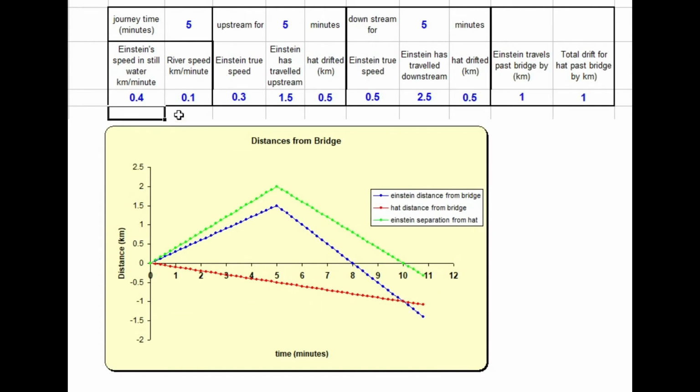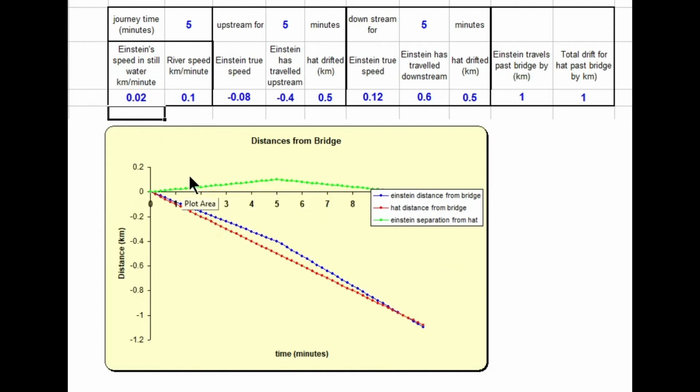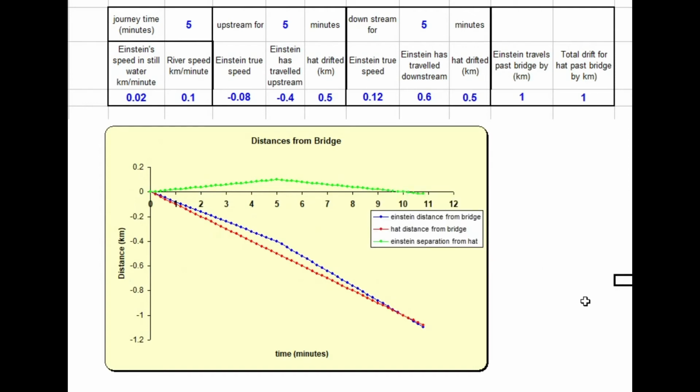And I thought, well, what about if he goes at a very slow speed, so 0.02, and we would have this happening. Now everything is drifting downstream.